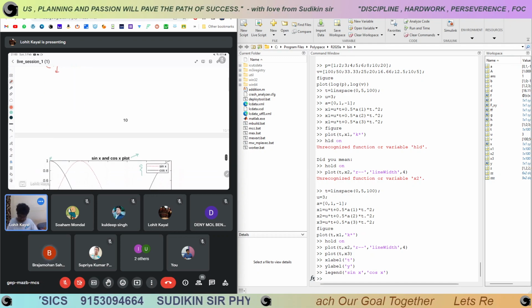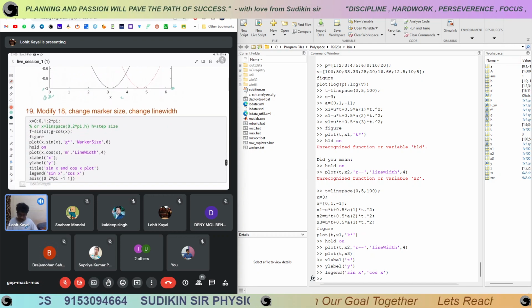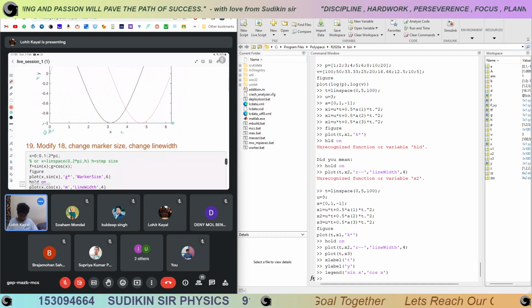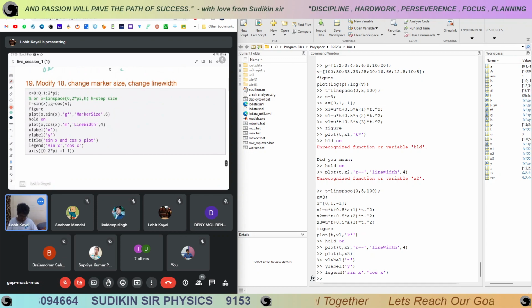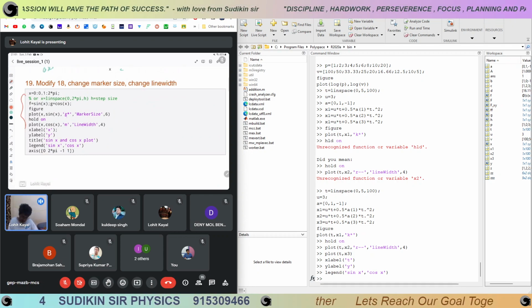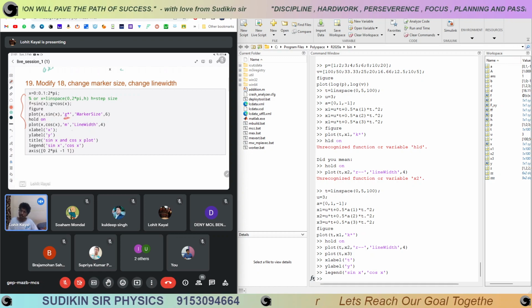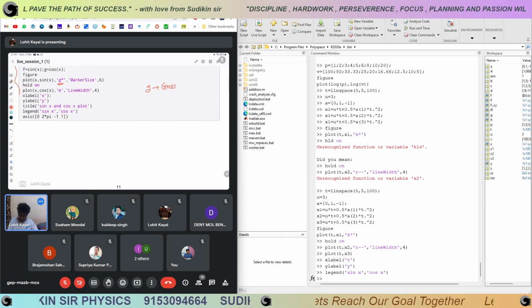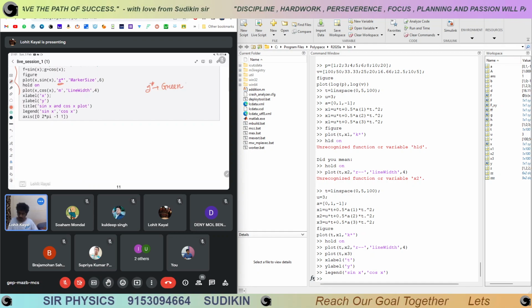Now we want to make this plot even more fancy. This thing are all the same. Here I have mentioned G star. This is the new thing. G means green, and G star means green star.